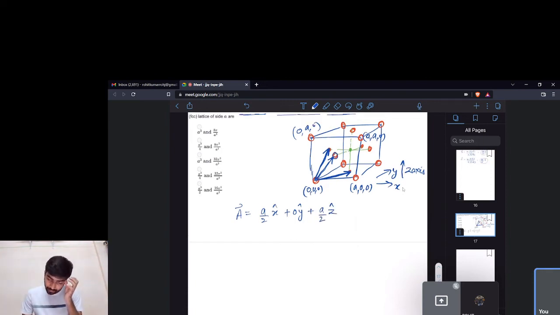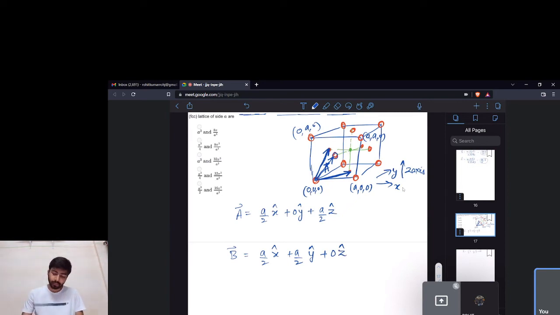And this A vector is the one which has x and z components to it. That is, it is going in the x direction and in the z direction, so I'm calling this as A. B vector as A by 2 x cap plus A by 2 y cap plus 0 z cap.